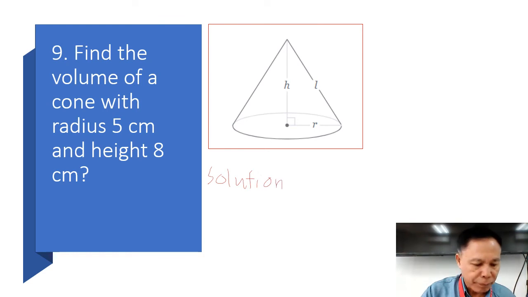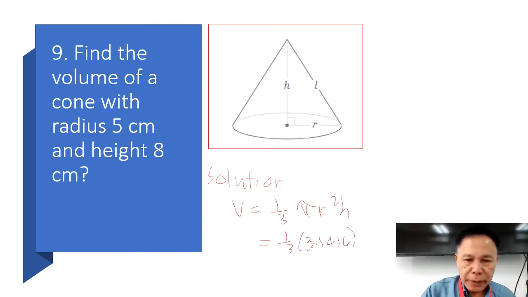Volume equals 1/3 pi r squared h, equals 1/3 times pi, which is 3.1416, times r squared, which is 5 squared, times the height here, 8. So your volume would be 628.32 centimeters cubed.